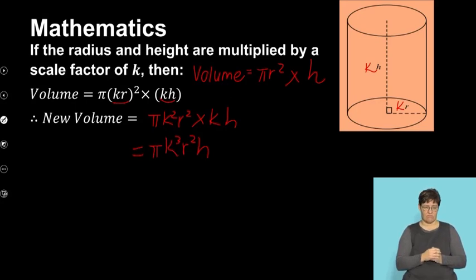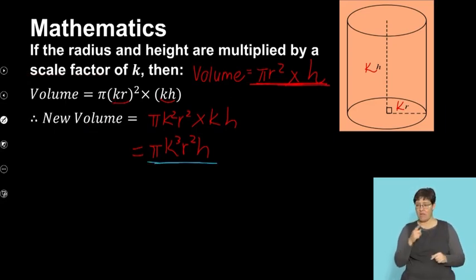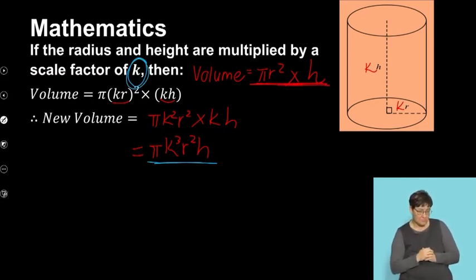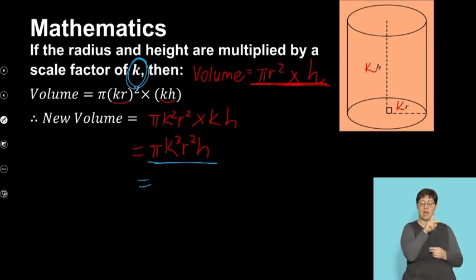Now everyone, I'm going to ask you, is there a link between my old volume and my new volume using the fact that I've multiplied by a scale factor of k? Is there a link? One way to see what the link is, is to see what the difference is. So the initial volume is pi r squared times the height, but this one is pi k cubed r squared times the height.